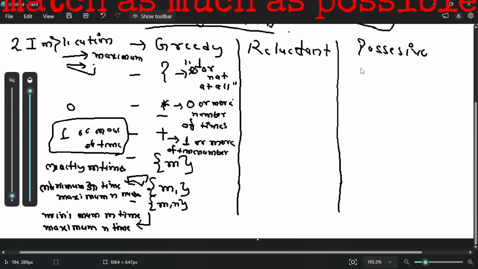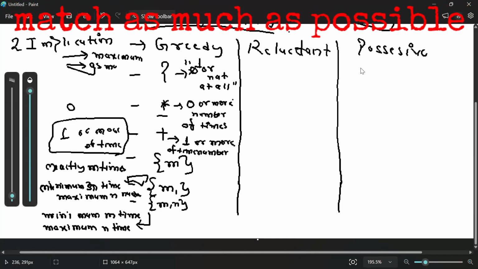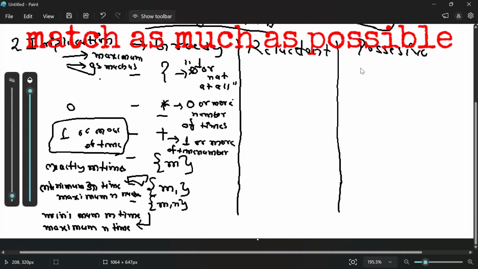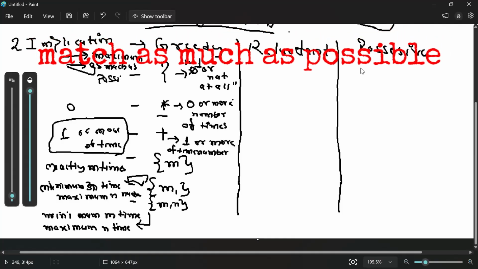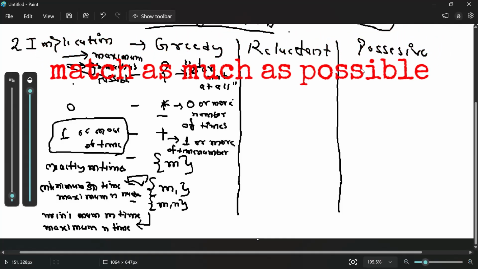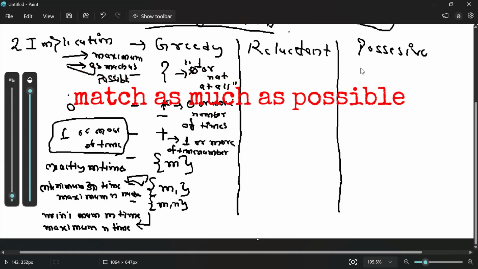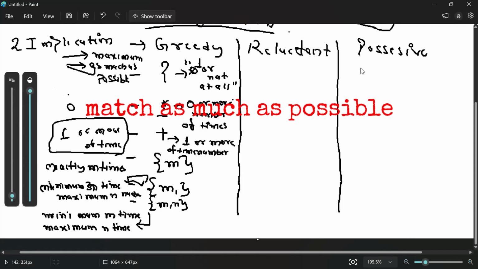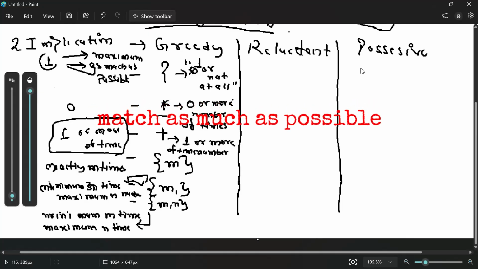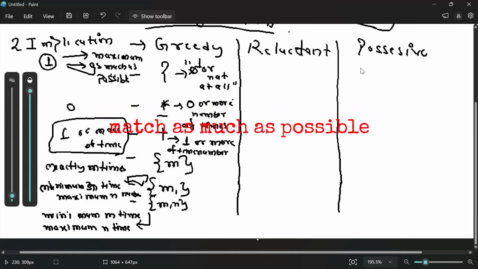The name greedy itself states this. We are going to take a look into it, but as of now, understand this one implication: greedy will always try to match as much as possible.